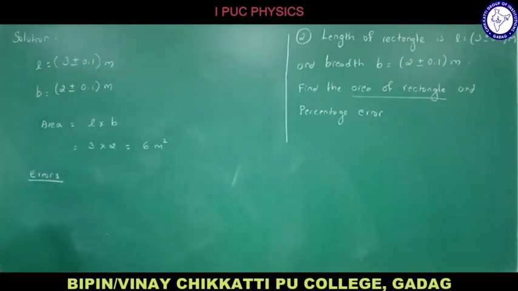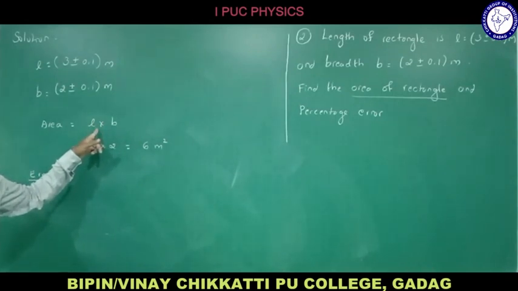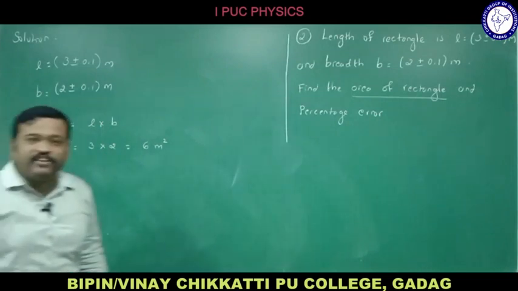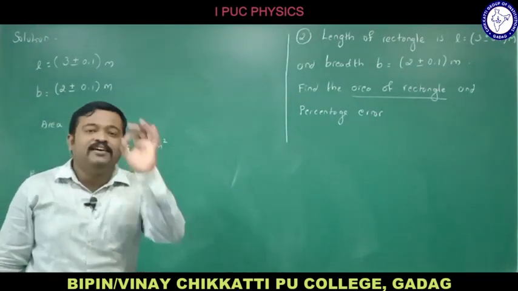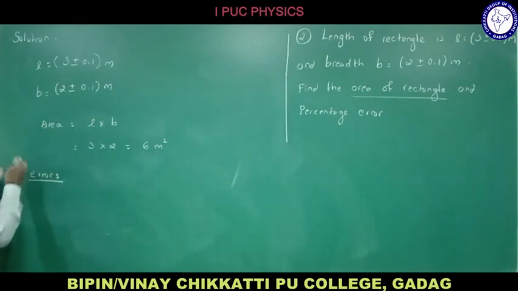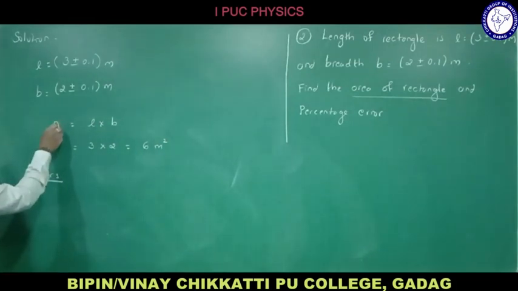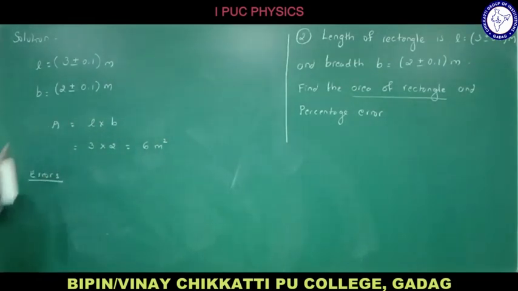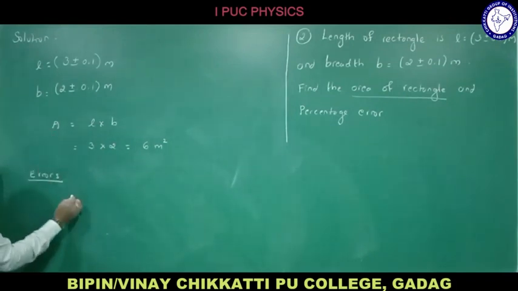When we consider error, just think it out. Which mathematical operation is it? Multiplication. Whenever there is multiplication, which error we need to consider? We need to consider the relative error. So what is the relative error of area? Let me denote it by capital letter A. Relative error in A. So what is relative error in A?